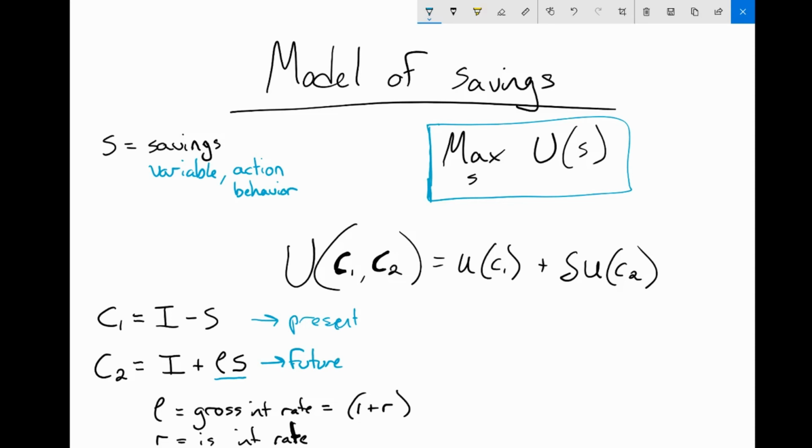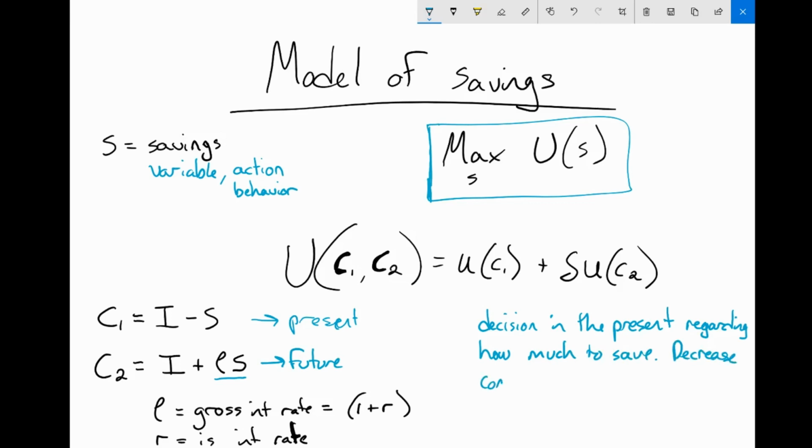The fundamental feature is that I make a decision in the present regarding how much to save, and this decision will decrease consumption today in order to increase consumption tomorrow. Okay, so we've captured these essential features.